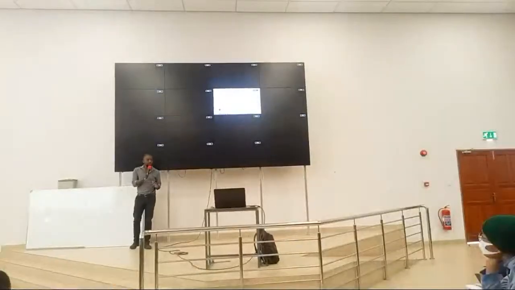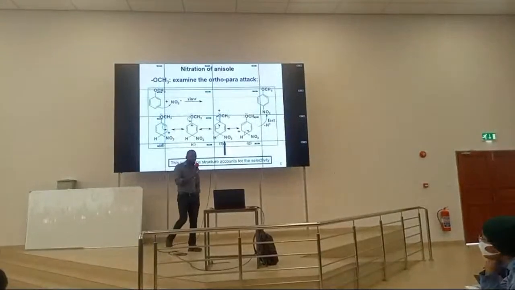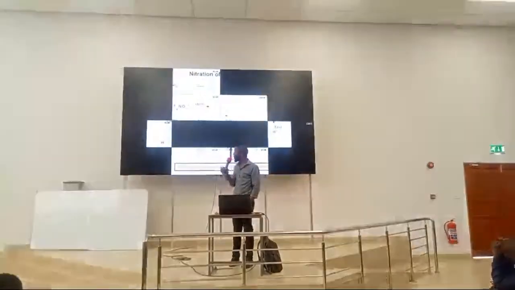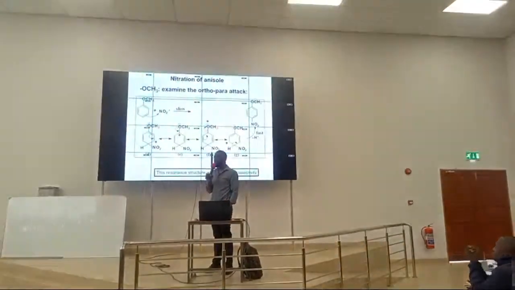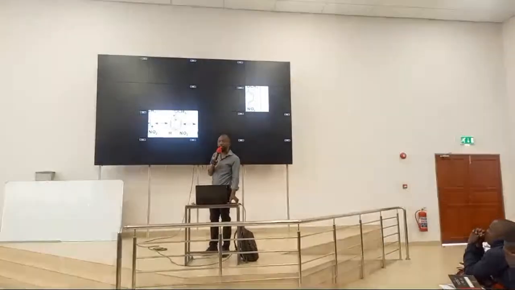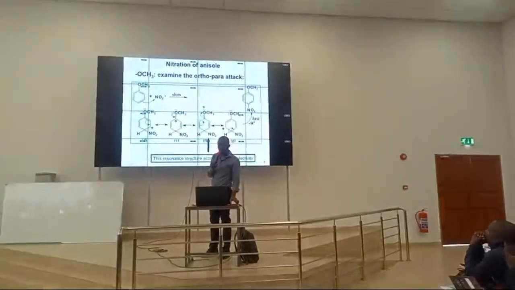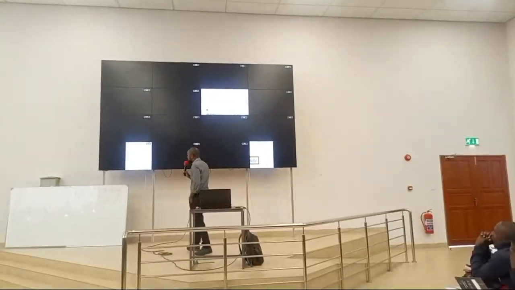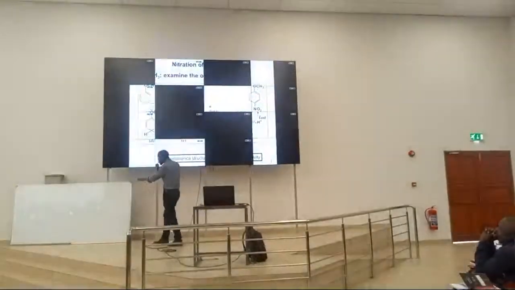So methoxybenzene, for example, if you carry out nitration with methoxybenzene, it will react faster than nitration carried out with the benzoic acid, because the methoxy group itself tends to activate the ring system.